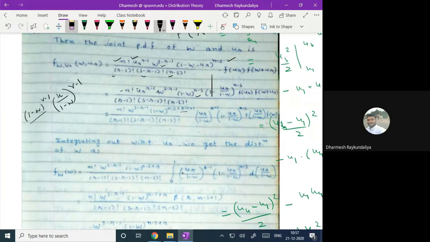So now this ur raised to r minus 1 is written, and that term is here. This as it is. Now I am also dividing by 1 minus w.